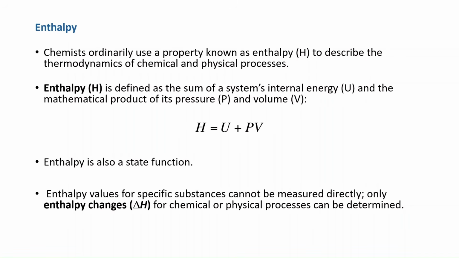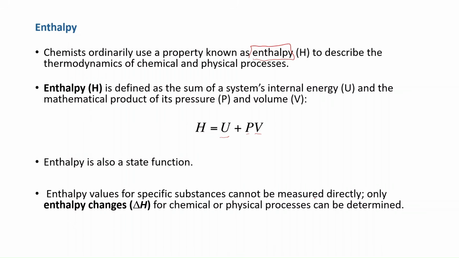To describe the thermodynamics, the changes in energy and heat and all of that in chemistry, chemists use a property called enthalpy. This is, by definition, the sum of the internal energy plus the product of the pressure and the volume. And you say, what is that? Well, don't worry about it. This is just a definition. And the reason I tell you not to worry is because you cannot measure enthalpy directly.